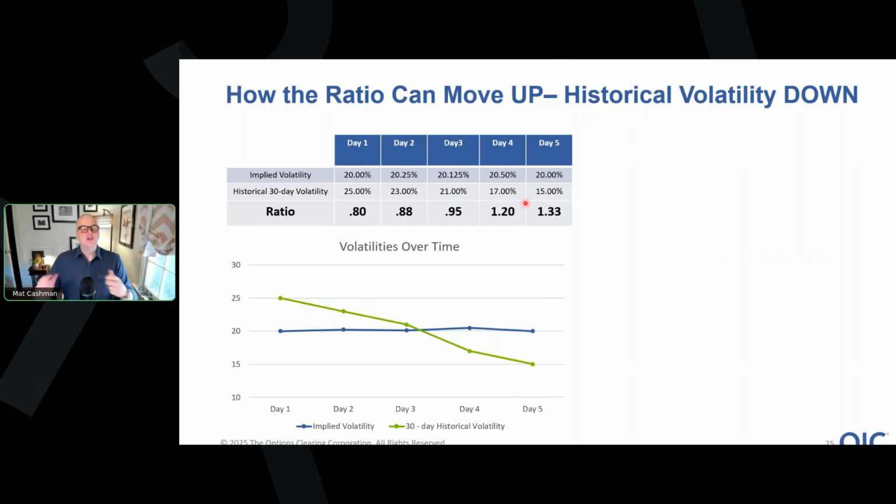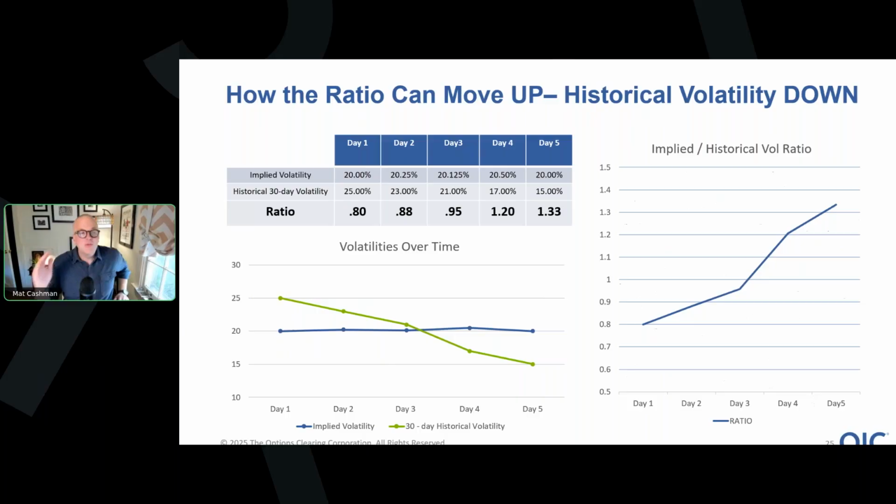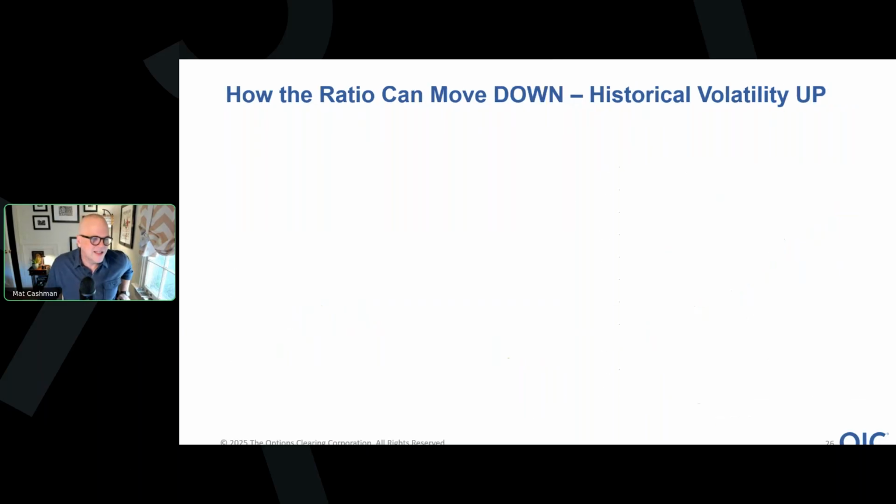This could be 2 or 3 days of exceptional movement coming out of that data set, and they come out one at a time, and you get a big jump down and then another big jump down. That can be what happens here, but the real crux of the matter is that the ratio is still moving up. It's just that implied vol isn't actually moving up. Implied vol is staying the same.